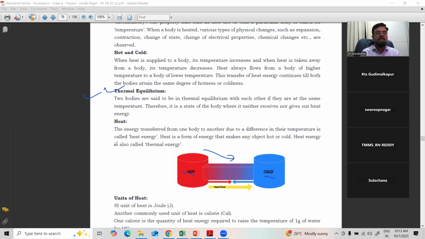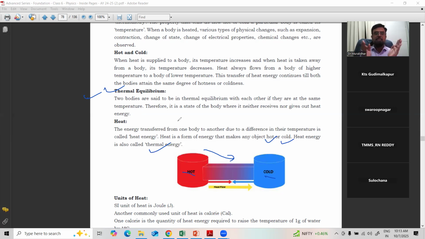The energy transferred from one body to another due to the difference in their temperatures is called heat energy. Heat is the form of energy that makes any object hot or cold. Heat energy is also called thermal energy. Thermal is nothing but heat only.